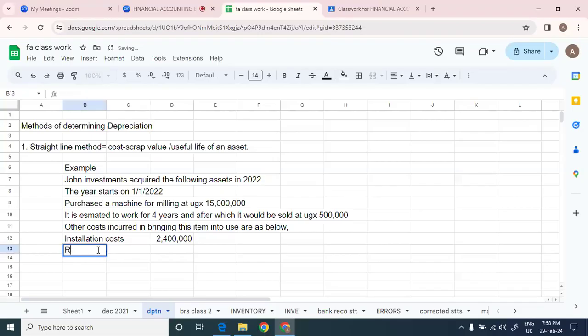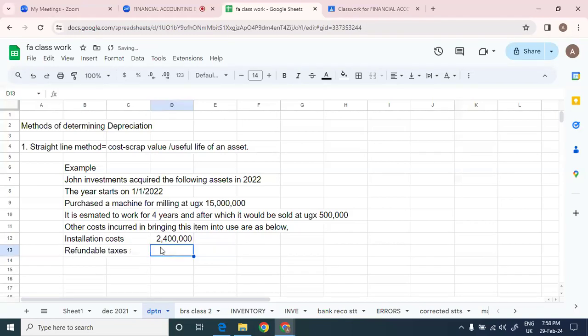They tell you refundable taxes of 300,000.